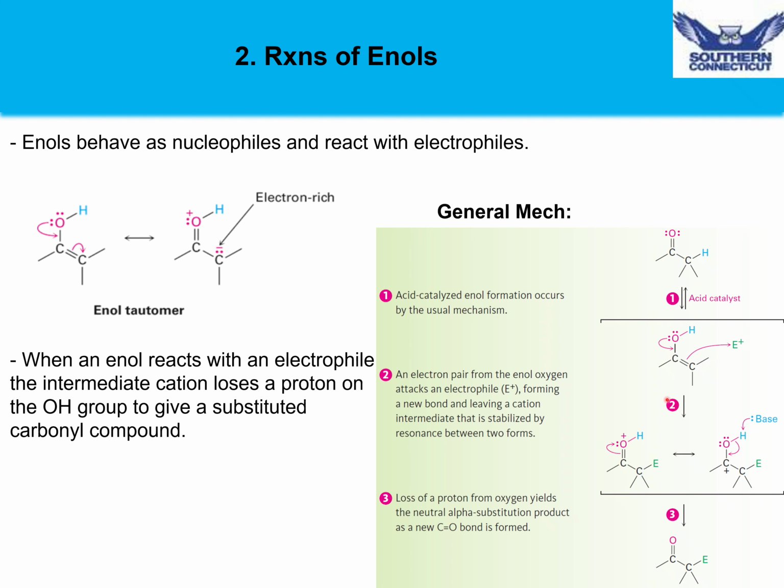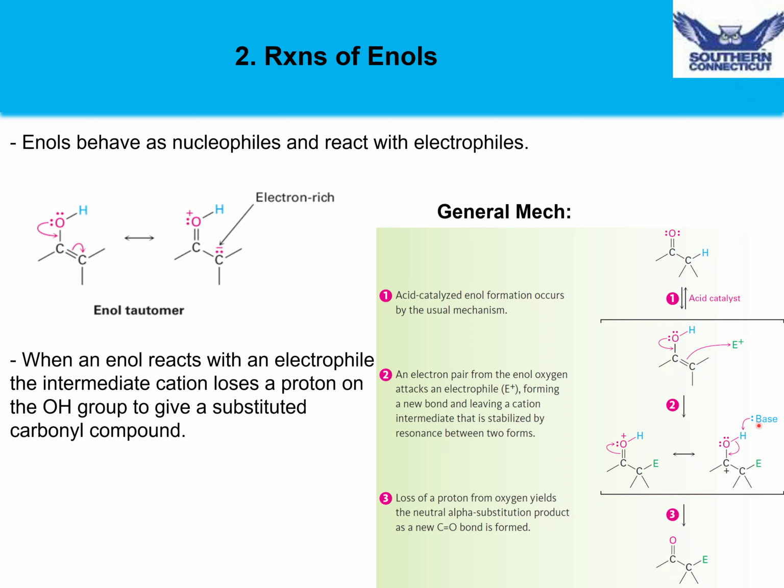Note in that process, we are reforming the carbonyl. So we have a protonated carbonyl here plus an electrophile. We can draw another resonance form by breaking the double bond of the carbonyl, pushing electrons towards the oxygen to now have a positive charge on the carbon rather than on the oxygen.